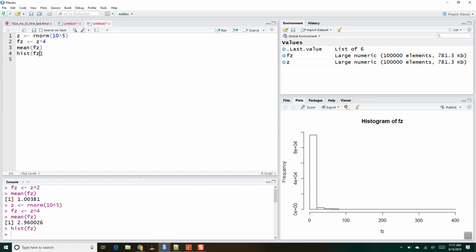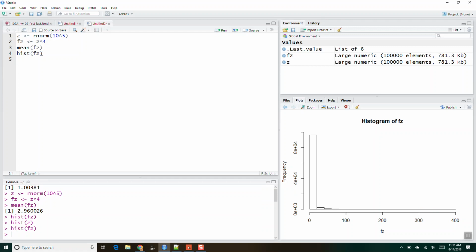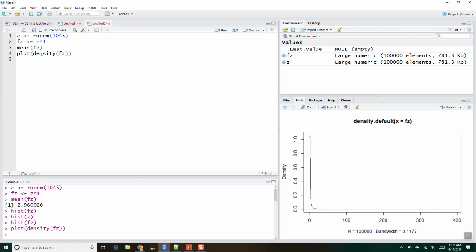It looks like that. The histogram of z looks like this, but when you raise something to the 4th power, suddenly you get this very skewed right thing. And apparently the mean of this is around 3.